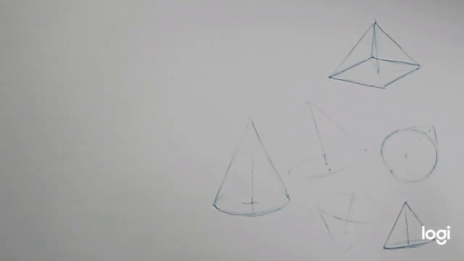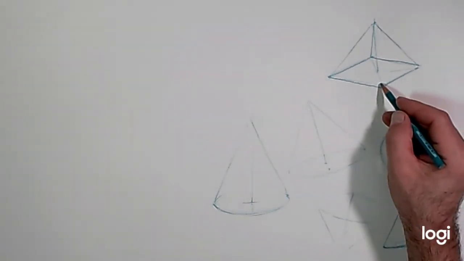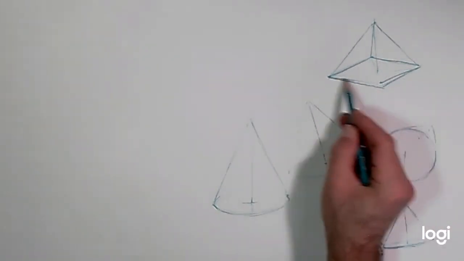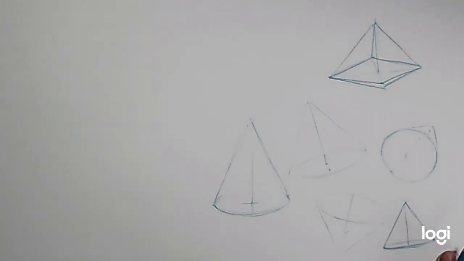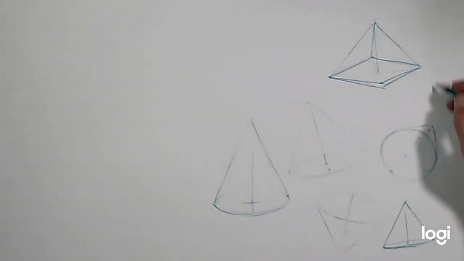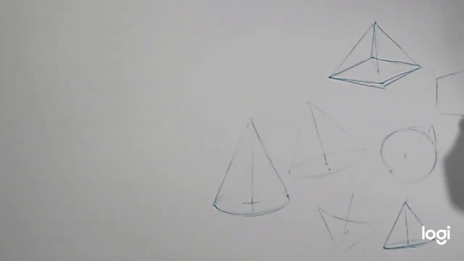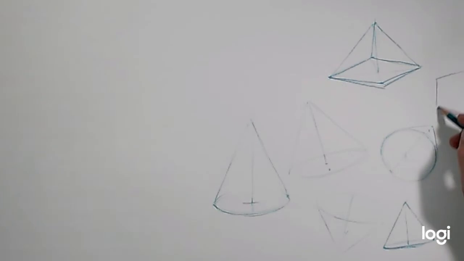Okay? And this pyramid looks like it's got a little bit of a party hat, doesn't it? Like here, this looks wrong. That's going to be better. Better. Okay? So we'll draw another one. This time I'll have the axes be really different. Here's going to be my center line.